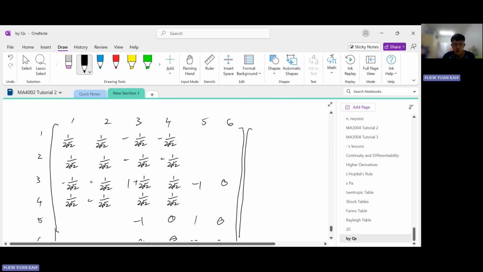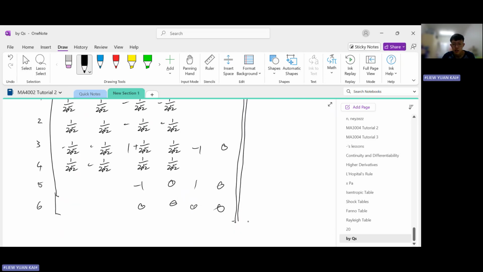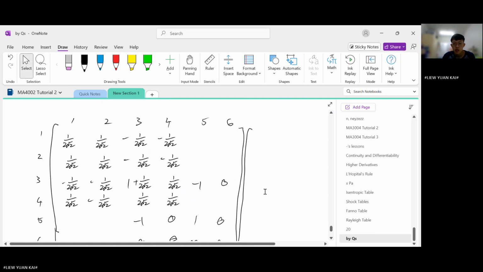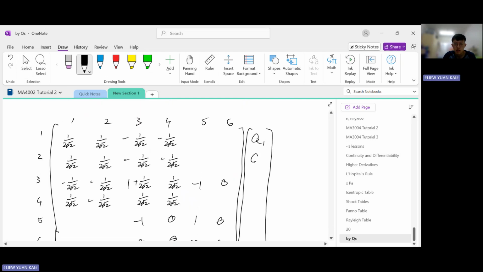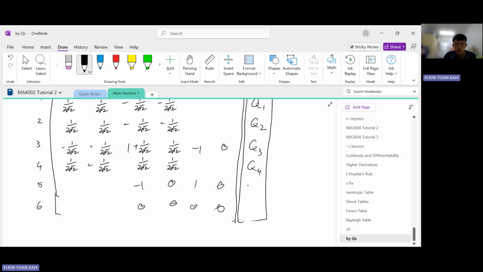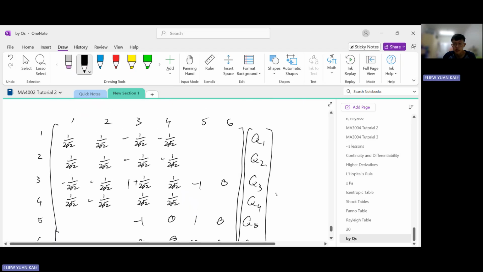So here, there's the displacement vector. Okay, so this is Q1, Q2, Q3, Q4, Q5, and Q6. And don't forget the load vector, or otherwise the force vector.